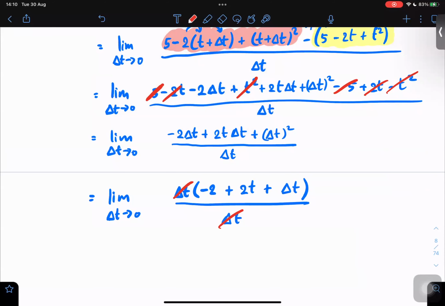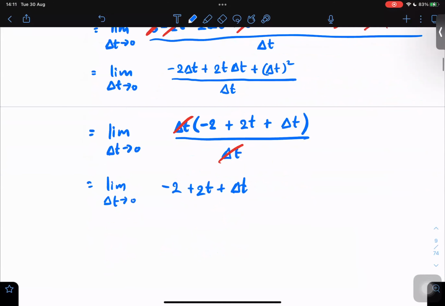It can be cancelled. The remaining is just minus 2 plus 2t plus delta t. When you take the limit as delta t goes to 0, you will get minus 2 plus 2t.